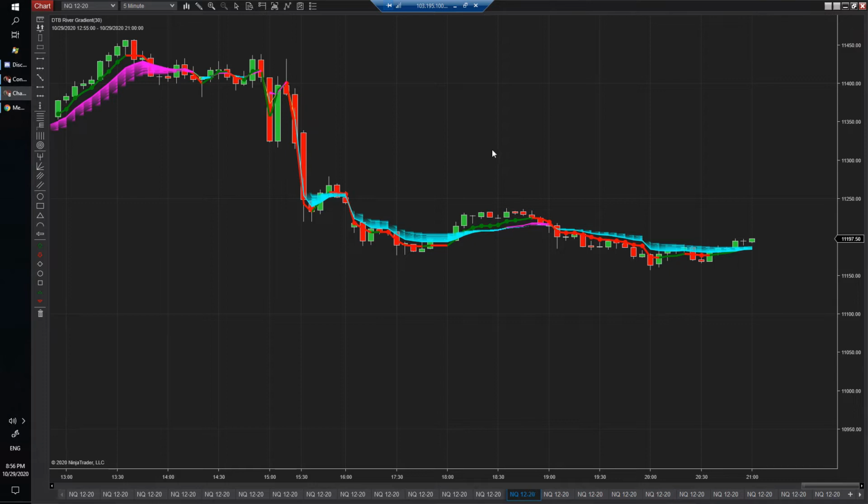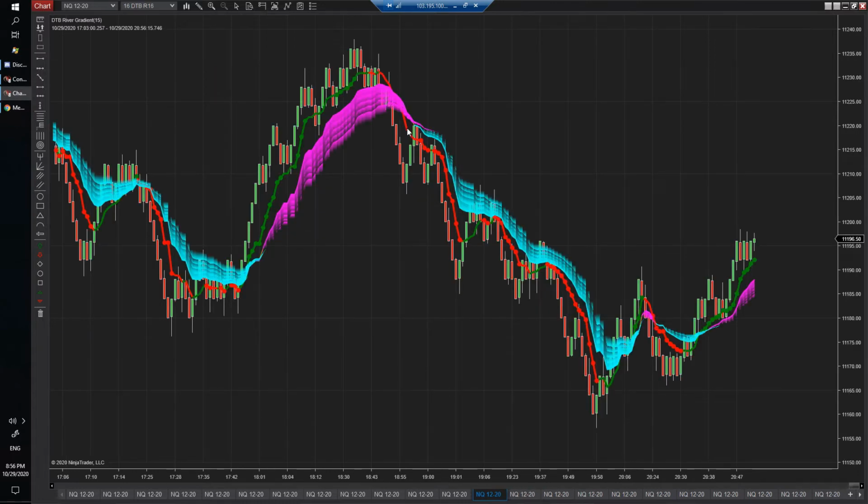And there we have it on a 5-minute chart, so it does a similar thing there. Not quite as clear as it is on a tick chart. So we have 16 DTB bars, and we find that is quite helpful in determining when to enter and exit a position, and just showing you the general trend of price at that stage.